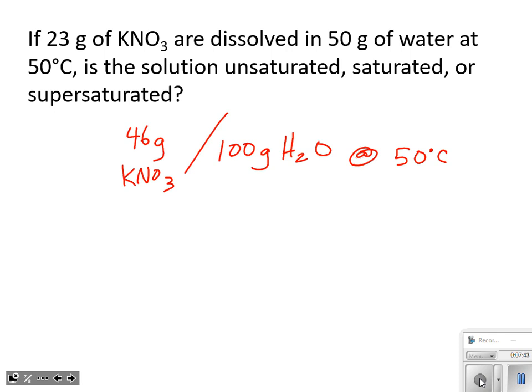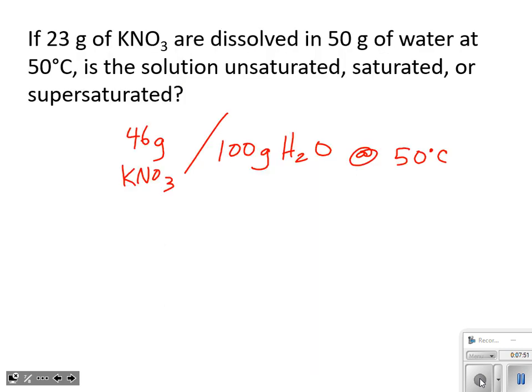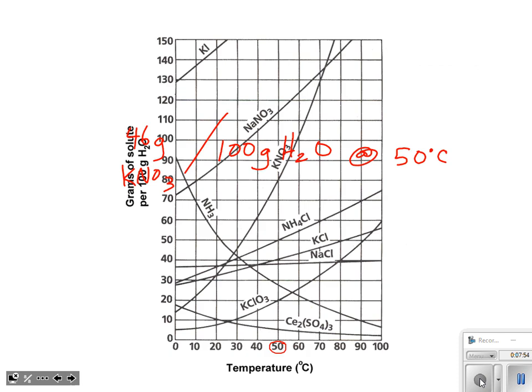So I come back, I see 50 degrees Celsius. I stated that it was 46 per 100. So I come up here, 46, somewhere about right in there, correct?